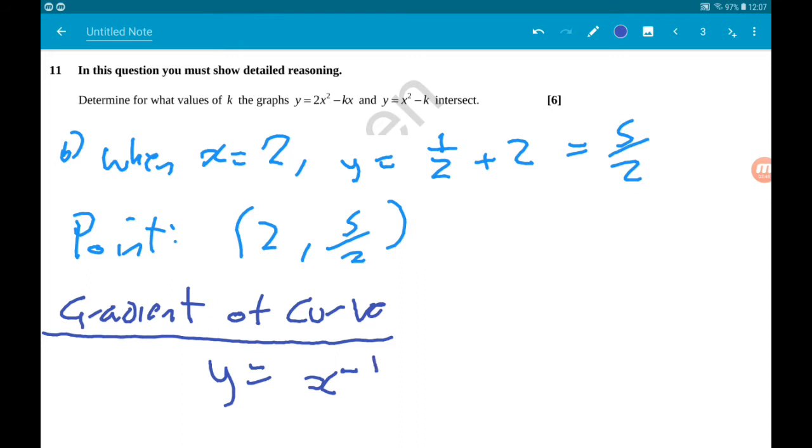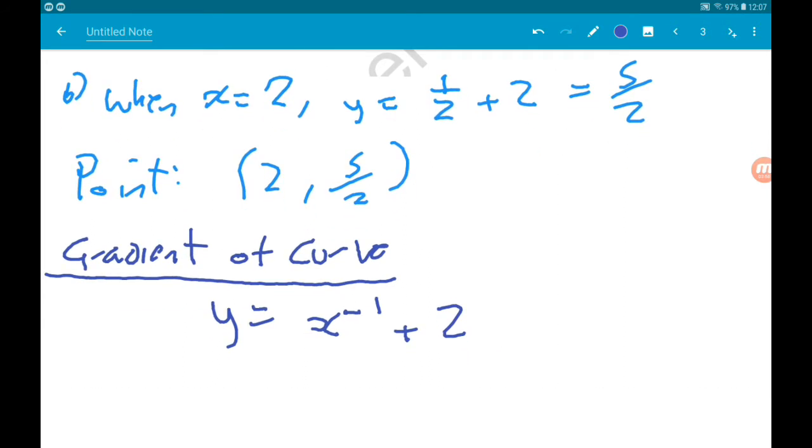So we have x to the minus 1 add 2. Now to find the gradient of the curve, we need to differentiate. So dy by dx is going to be minus x to the minus 2. So that's minus 1 over x squared. Now, that then is the gradient of the curve.